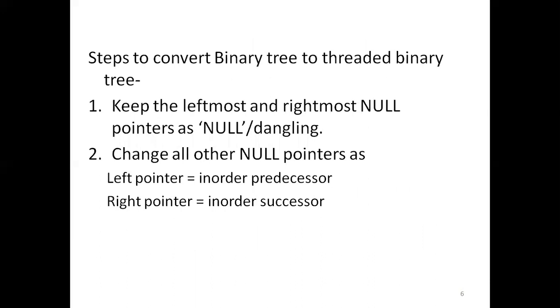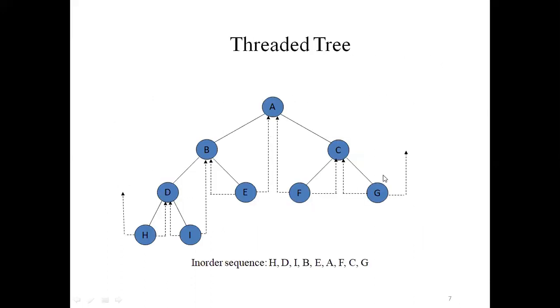So any given binary tree can be converted into a threaded binary tree. For that, we have to keep these 2 points in mind. So first point is we need to keep the leftmost and the rightmost null pointer as null, or we can say a dangling pointer. So if you look at this diagram, this is the leftmost null pointer and this is the rightmost null pointer.